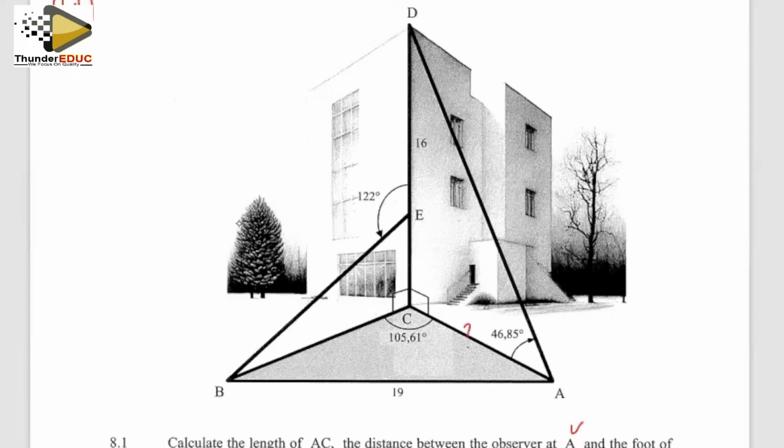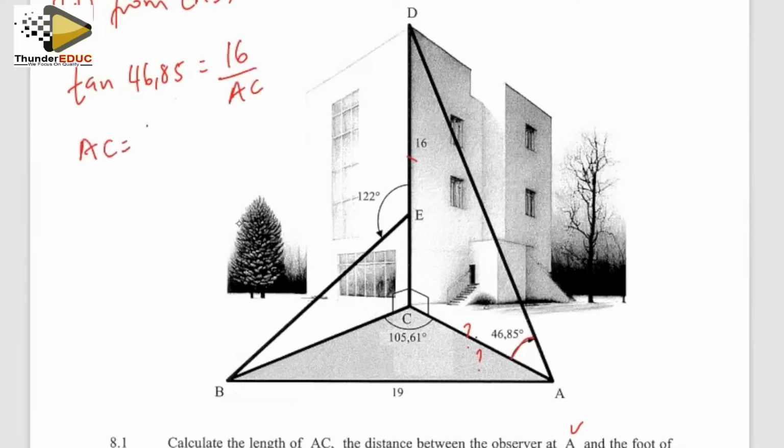So we can use this triangle, okay, CAD. From CAD, we have this angle. We're looking for this. So we have the opposite, we're looking for adjacent. We can use tan. So the tan of 46,85 is given as the opposite, which is 16, over the adjacent, which is AC, which means AC, if I cross multiply, is 16 over the tan of 46,85.